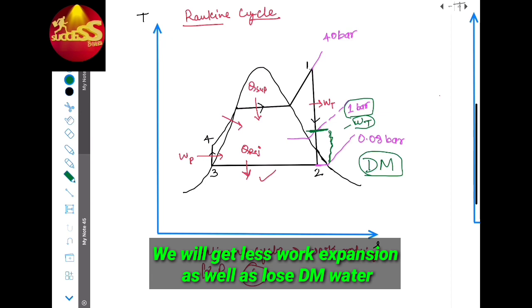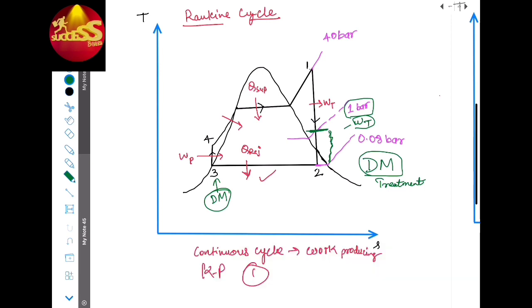We have to take the water from external sources and then give it some treatments so that it becomes fit for the boiler tubes, condenser and steam turbine. Every time the cycle starts, we need to input the DM water through here. So this extra cost we have to bear.